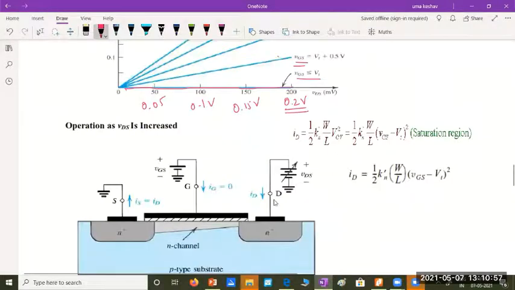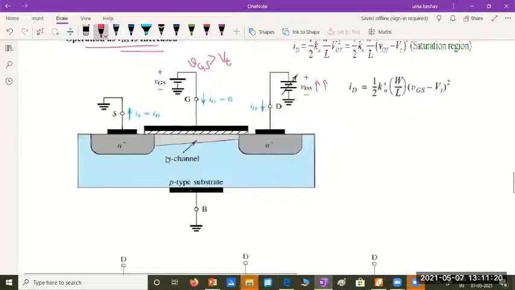Next, moving on. As I increase VDS, we have already given gate source voltage more than threshold. Please remember here VGS is greater than VT and VDS is increased. Previously VDS was small. What happens is the channel undergoes a change in shape.